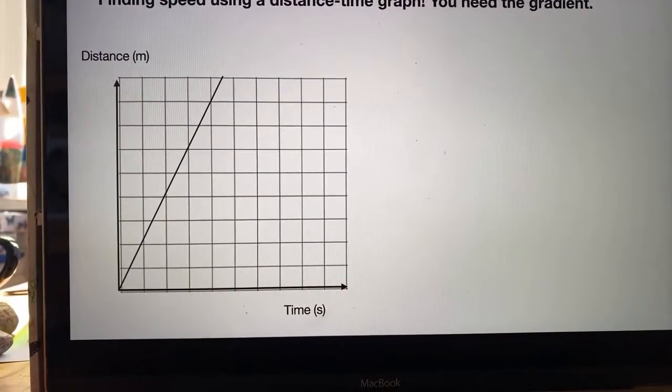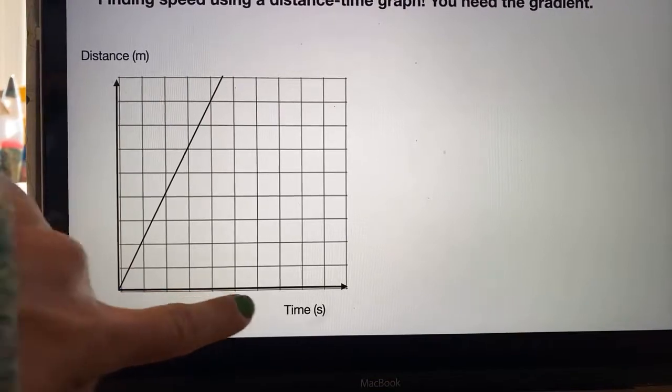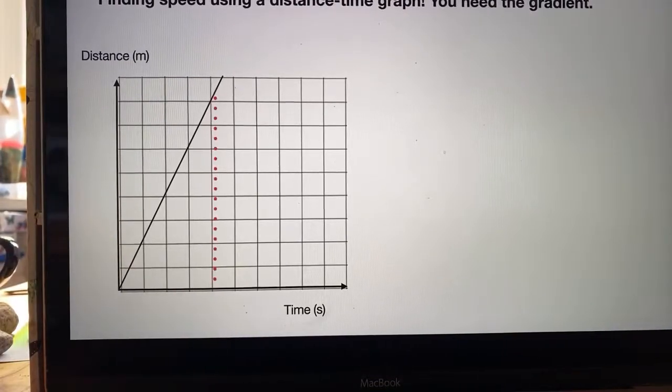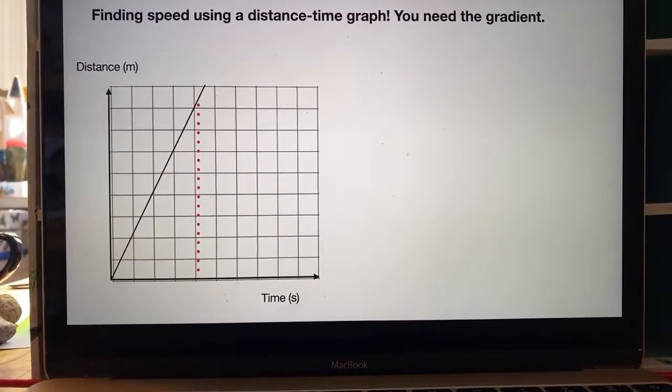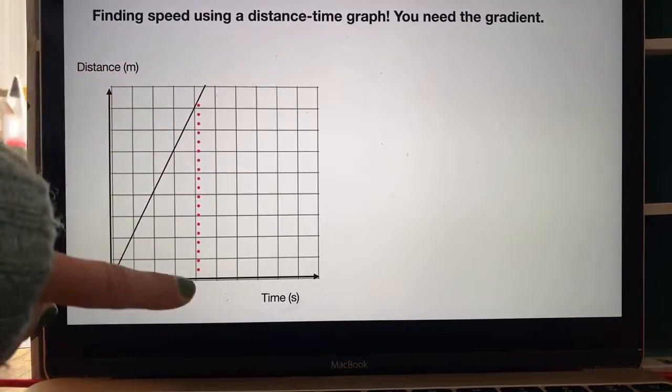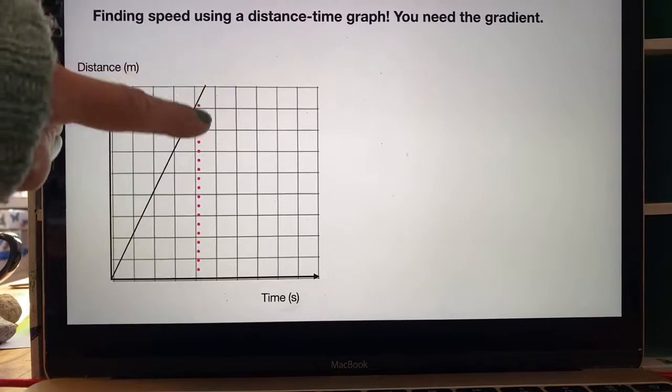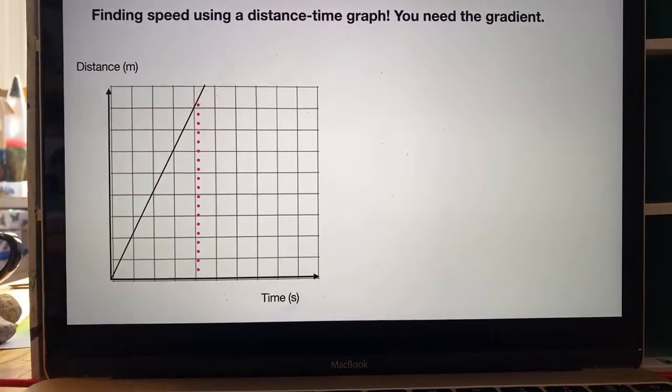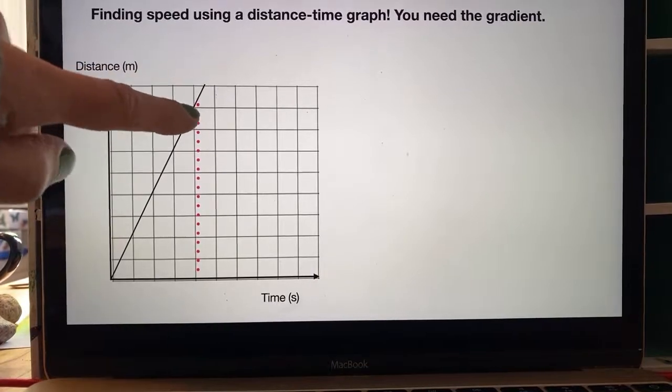We're just going to keep pretending that 1 square is 1 second and 1 square is 1 meter, okay? So the first thing you've got to do is draw a line to find a distance off your graph, and it's better if the line is as long as possible, but it's also a good idea to find a point where the line crosses a square.